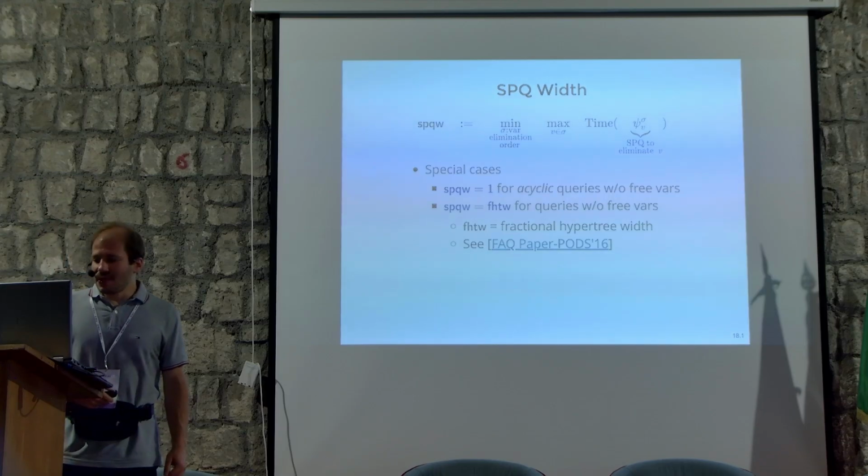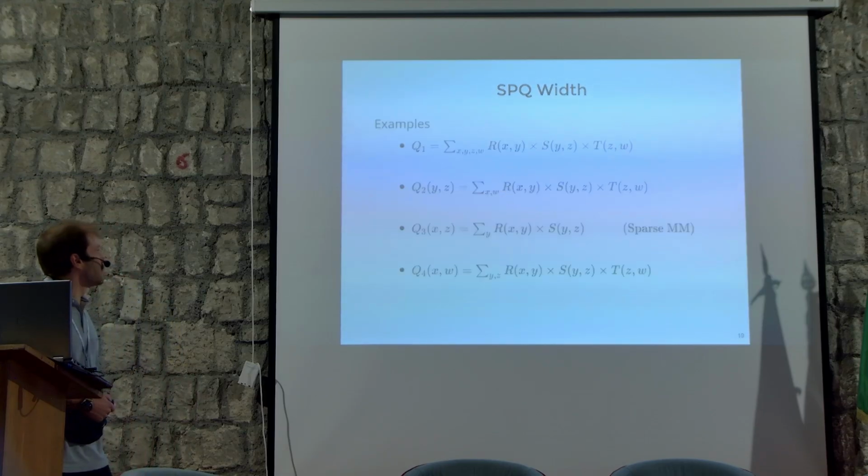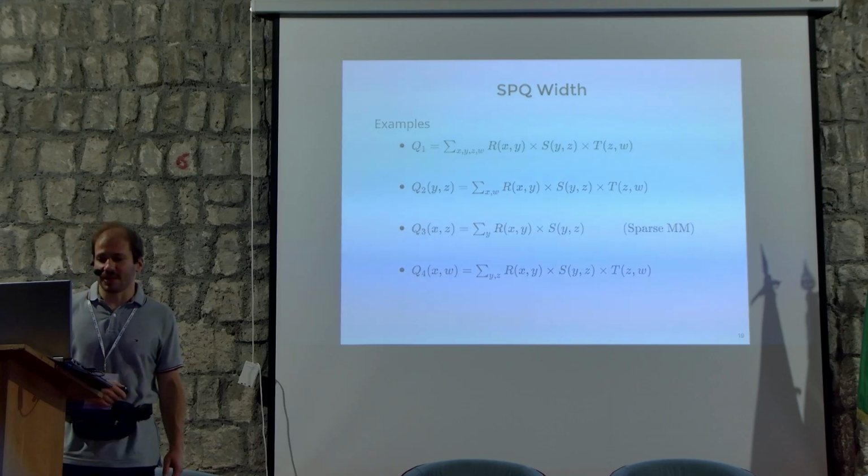Now, before we move on to using SPQs, just a quick quiz on guessing the runtime to solve a specific SPQ, or the runtime exponent to be more specific. If you take a look, for example, at this query, this is a 3-path pattern. We have a 3-path from X, Y, Y, Z, Z, W, and we are taking a summation over all variables.